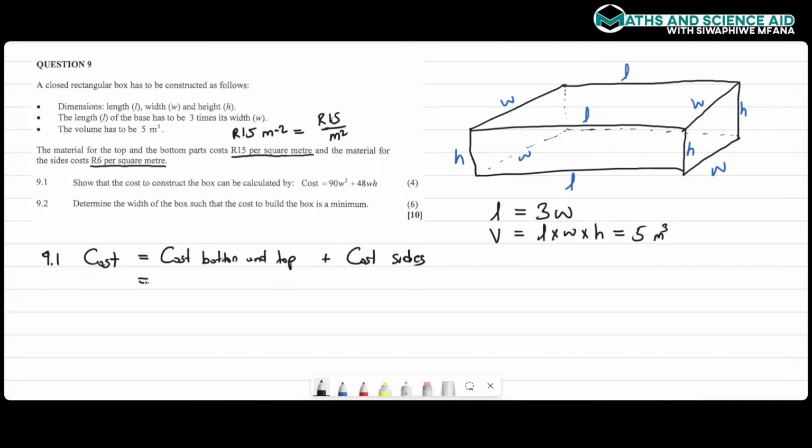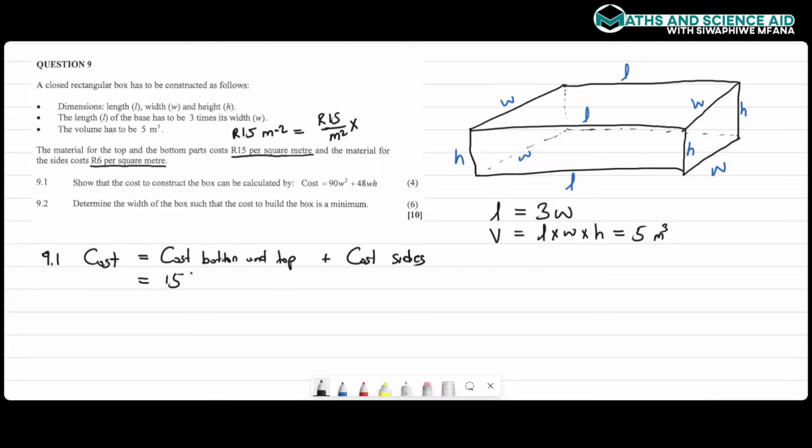All right. So again, for the top and bottom parts, we see that the rate is 15 per square meter. We do not want 15 per square meter. We want the actual cost. So we need to multiply this 15 per square meter by the actual square meters, or in other words, by the actual area of these sides.